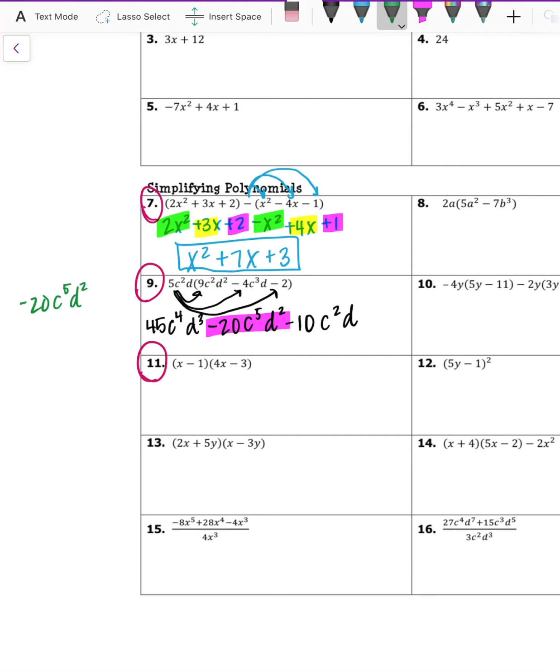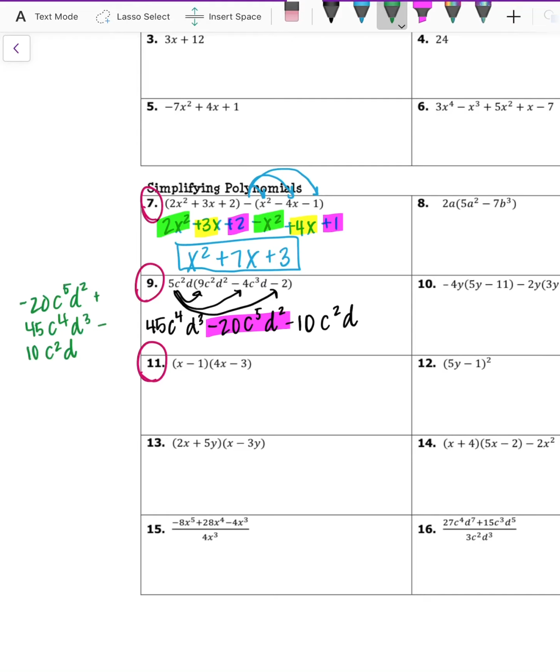And then the next one would be that 45c to the 4th because it's the next largest, so plus 45c to the 4th d cubed. And then my last one is that negative 10c squared d, okay? So that, if I wanted to put it in standard form, that's the order I would go in, all right? All right, now let's move on to number 11.